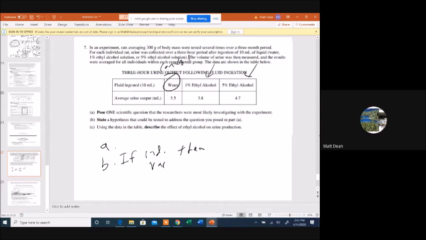Then what happens to the dependent variable. Some just have you write it as a statement. I might write it, if mice are exposed to increasing amounts of alcohol, their urine output, the dependent variable, will increase with those increasing amounts.